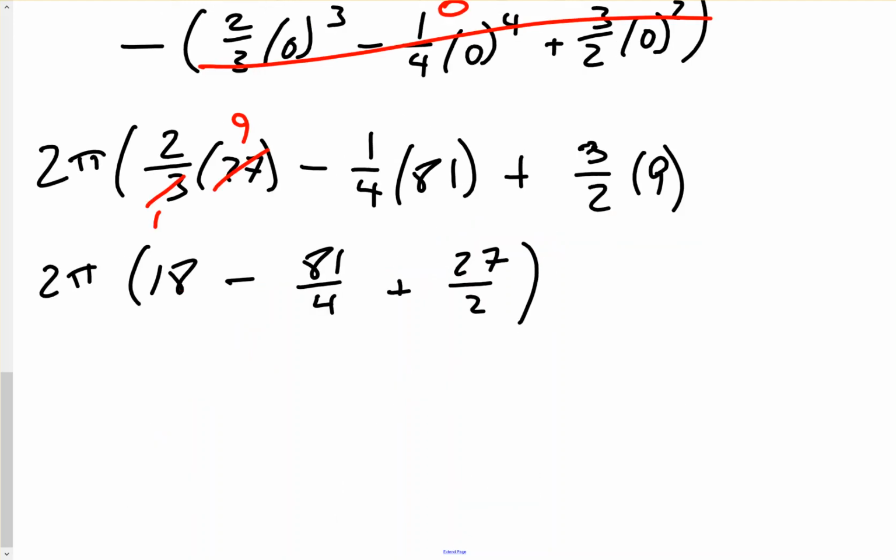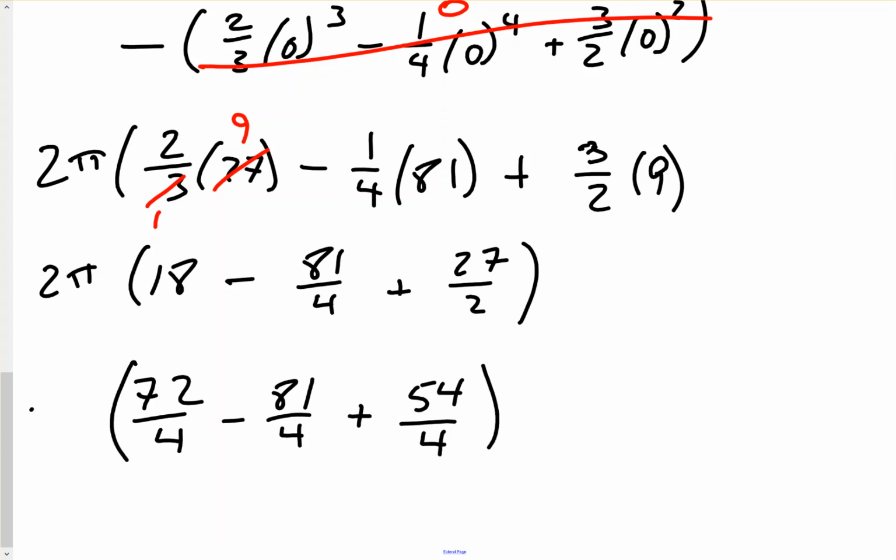Okay, so it looks like 4 will be the common denominator. So we have 18 over 1, that would be 36, 72 over 4 minus 81 over 4 plus 54 over 4.